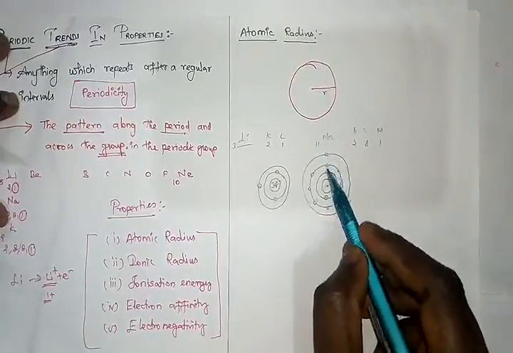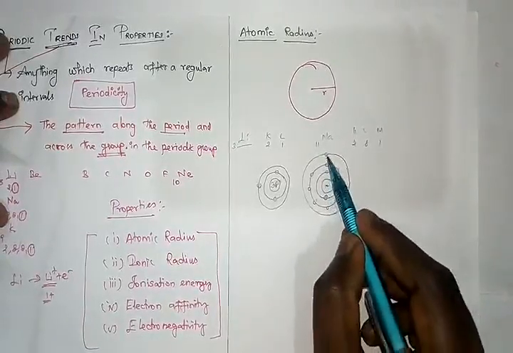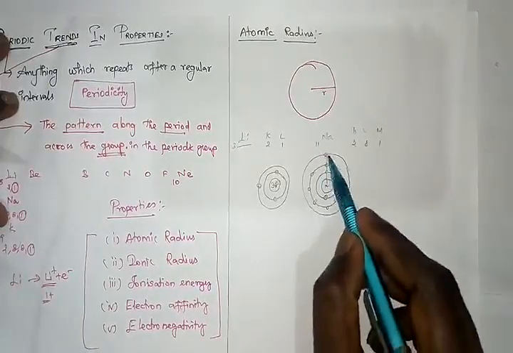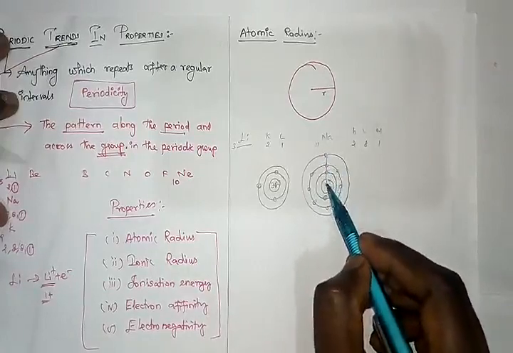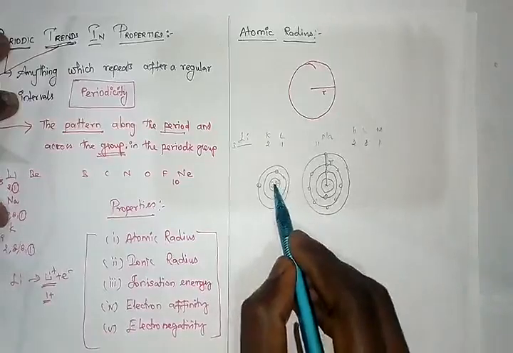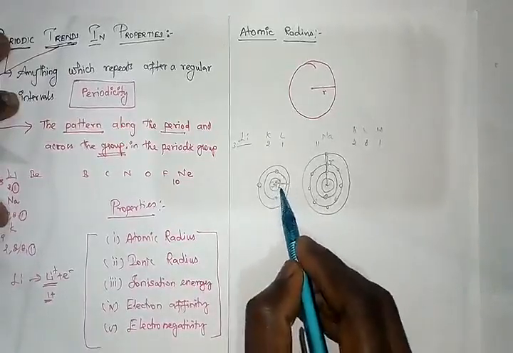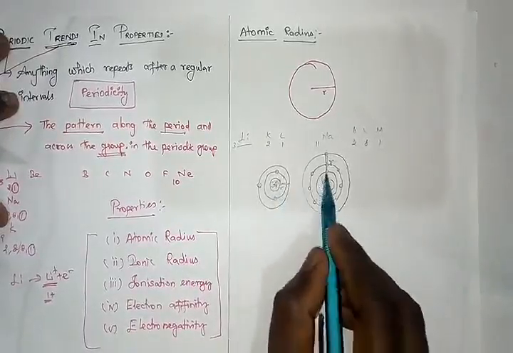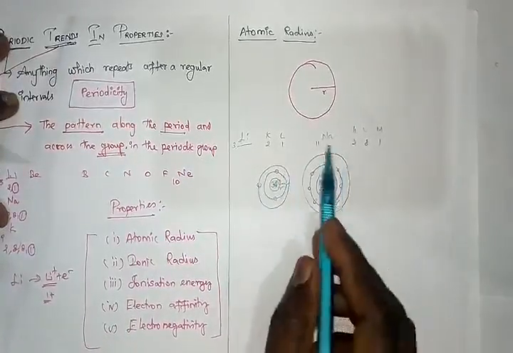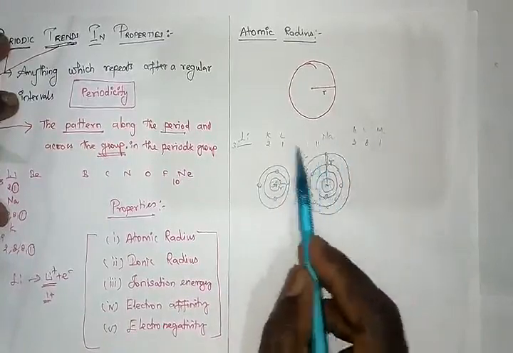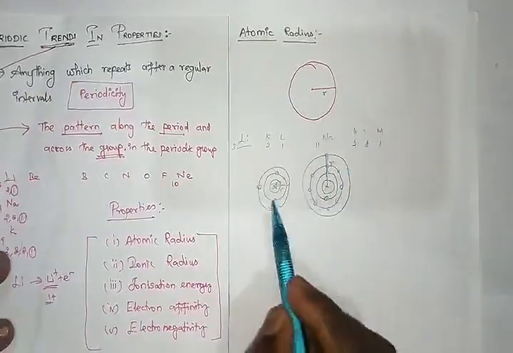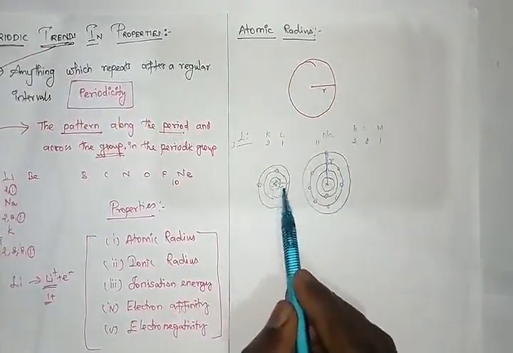The distance between the center of an atom and the last electron, the valence shell in which the last electron is present, if you calculate this distance, it is called R. So obviously lithium has a smaller radius than sodium, because the outermost shell is the L shell, whereas for sodium it is the M shell. So when the shell increases, size also increases.